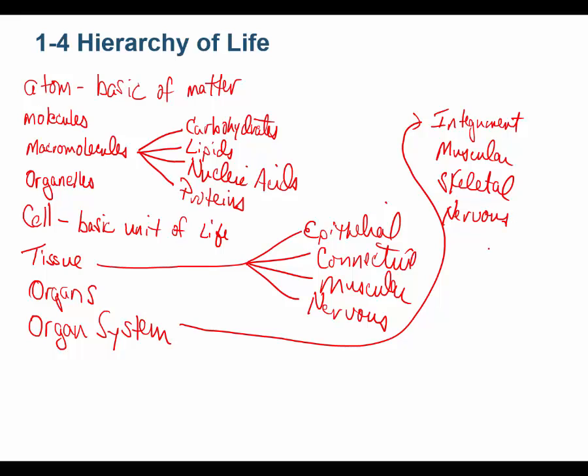My favorite system. You have your endocrine system. You have your lymphatic immune system. Now that's interesting. Well, which one is it? Lymphatic or immune? Well, I'll tell you when we get there. You have your cardiovascular system, heart and blood vessels.